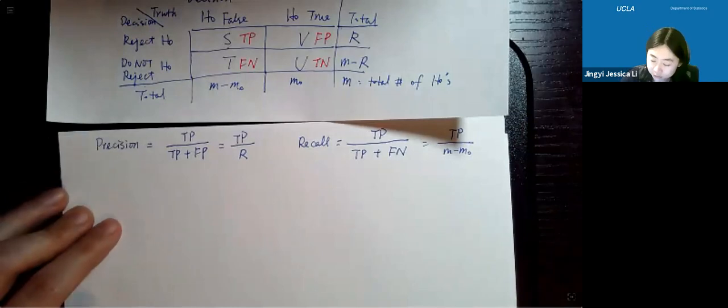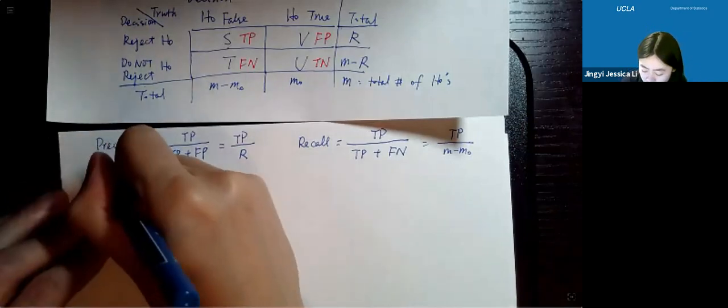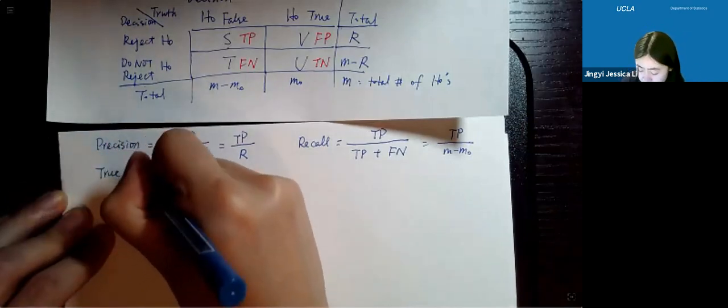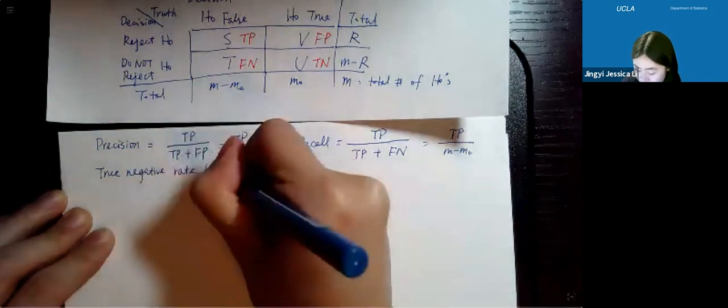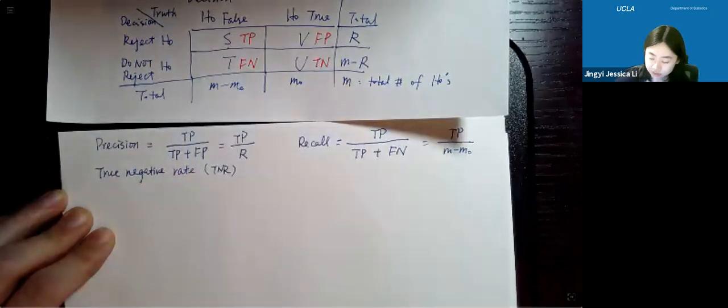Another thing we often use is called the true negative rate, short as TNR. True negative rate is that among the negatives that are the truth, how many do we identify as negative?